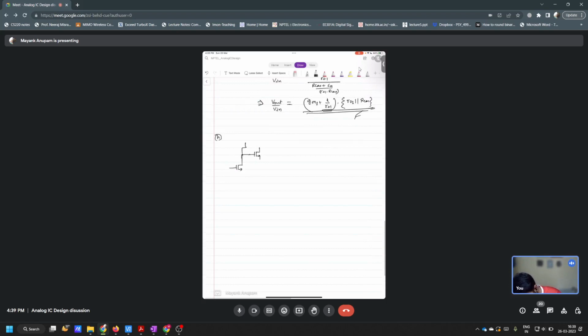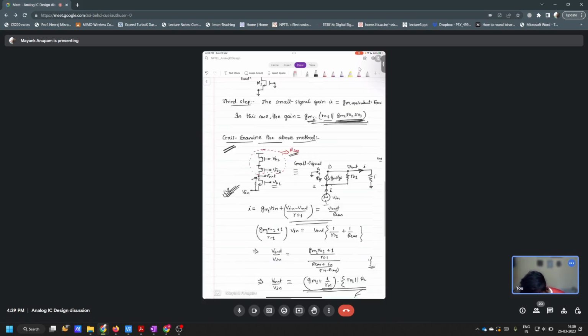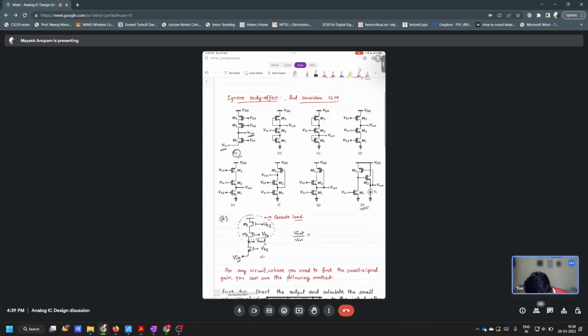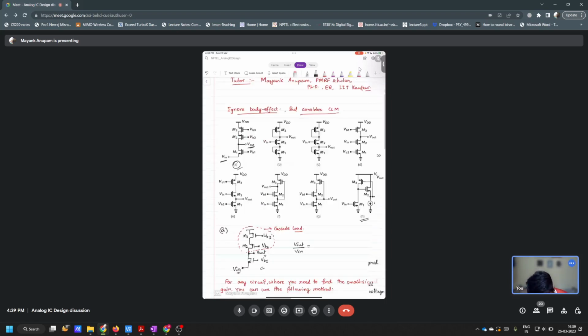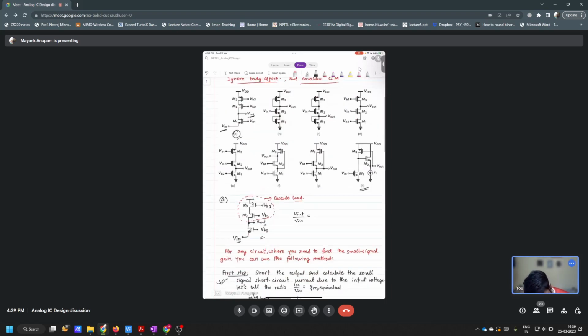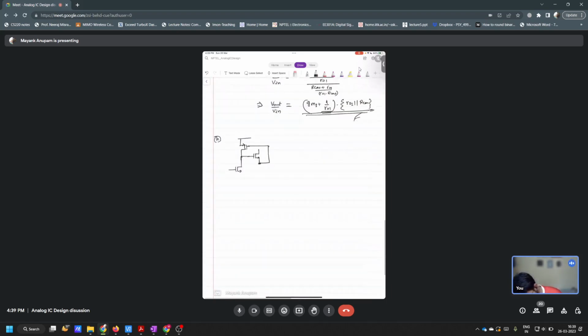Then we have another MOSFET here, a PMOS. Its gate is strapped like this, and let's tie this to VDD here.